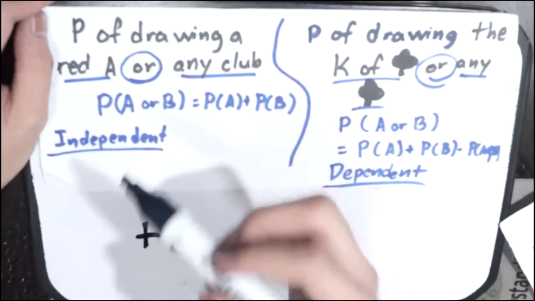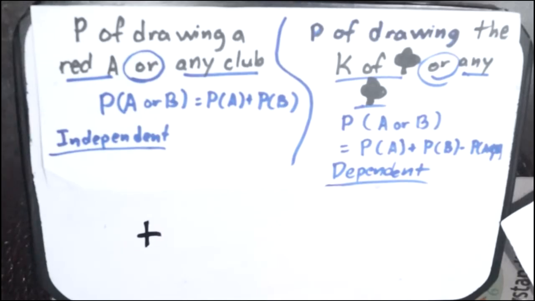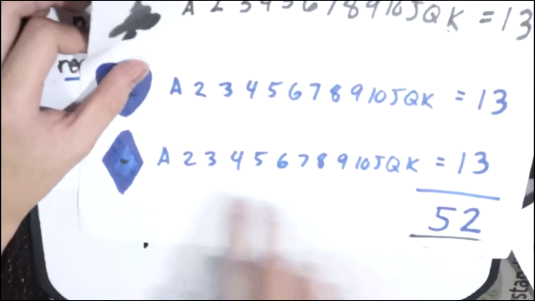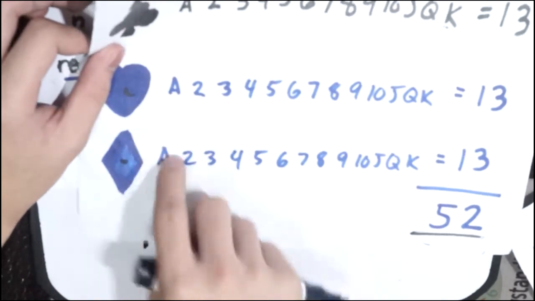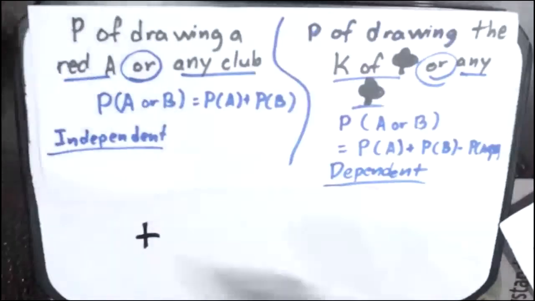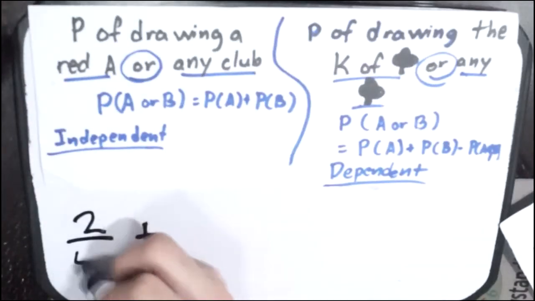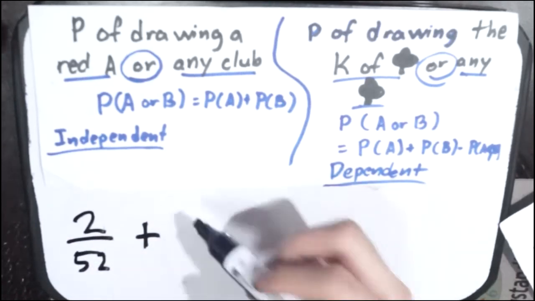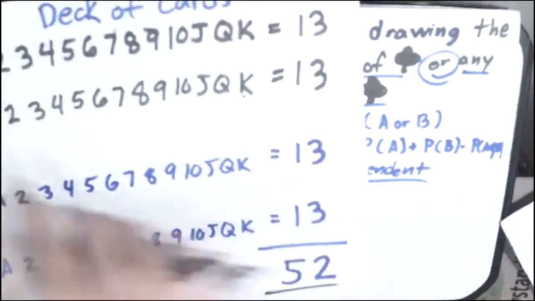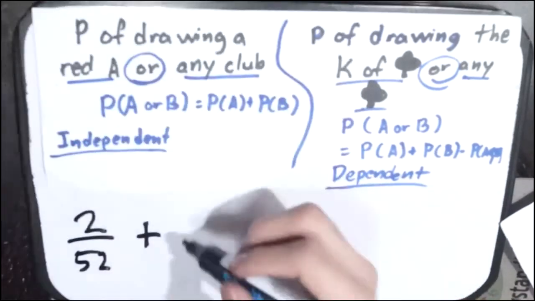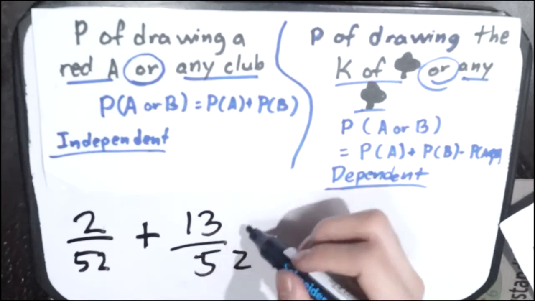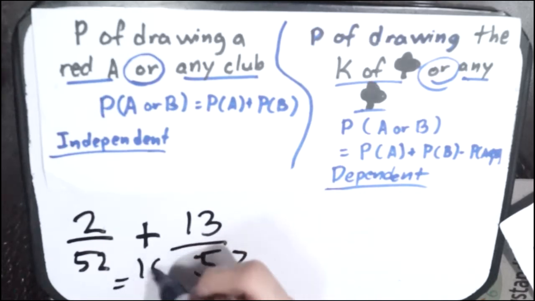The probability of a red ace is 2 out of 52, or any club, 13 out of 52. You'd get the answer of 15 over 52.